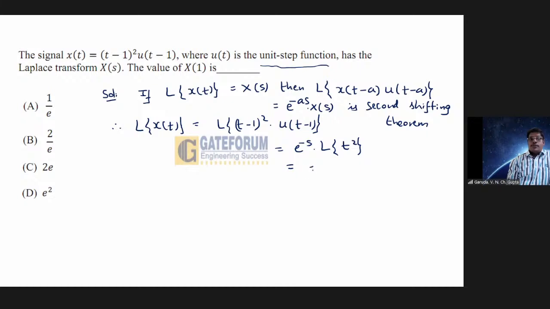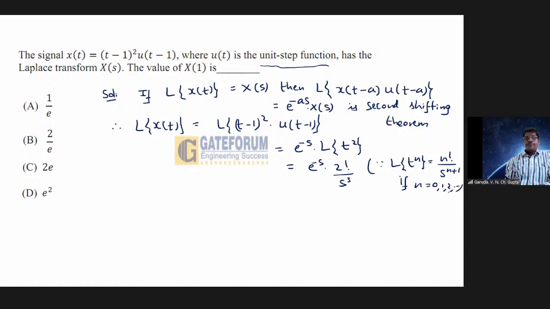L of t square is e power minus s into 2 factorial by s cube. Okay, since L of t power n is equal to n factorial divided by s power n plus 1, if n is equal to 0, 1, 2, etc. Or you can write f(t) in place of x(t). To understand in a better way, here I can replace small f and capital F.